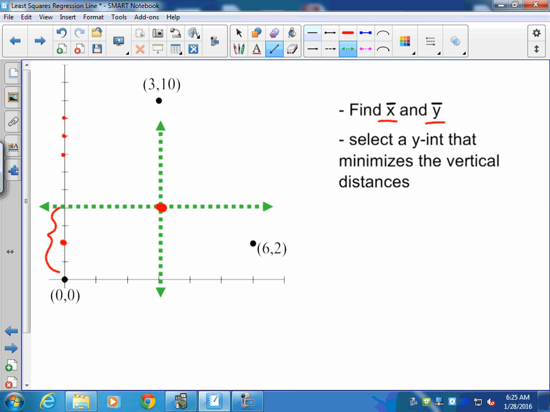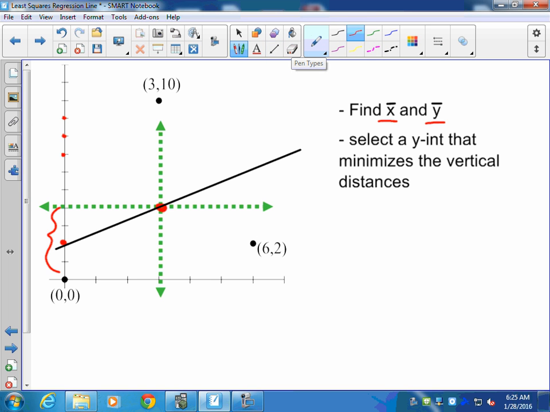create a line, and then we're looking at the distances. We can see some of these distances here. A distance of 2. This is probably our biggest distance, which goes from 4 all the way up to 10.